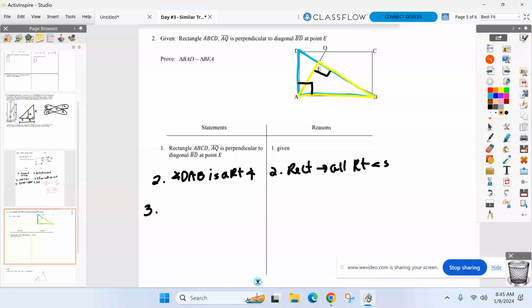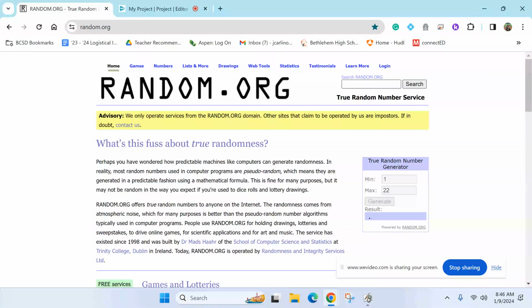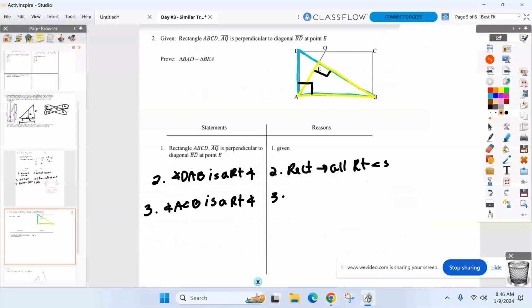Now you tell me why AEB. Different reason though. It's not a right angle because it's a rectangle, that's for sure. So how do we know AEB is a right angle now? Why do we put the symbol there? Brendan, back to you. With a perpendicular line. Yeah, in the givens, we were told those two were perpendicular.